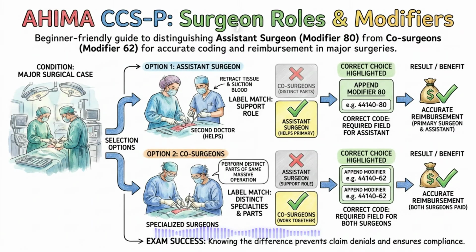However, if 2 specialized surgeons work together to perform distinct parts of the same massive operation, they are acting as co-surgeons, and both should append modifier 62. Knowing the difference between an assistant surgeon and a co-surgeon is critical for accurate reimbursement and exam success.